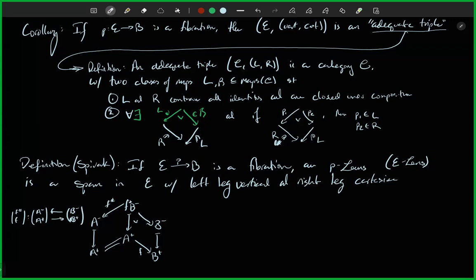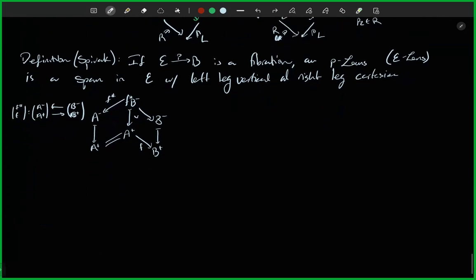The rest of the top of this one is determined by this thing, which must be the lift of this thing because we asked it to be. We asked that the right hand side be Cartesian, and we said this hand side was vertical. That means this must be the identity. And so now we can consider what composition of these things is.